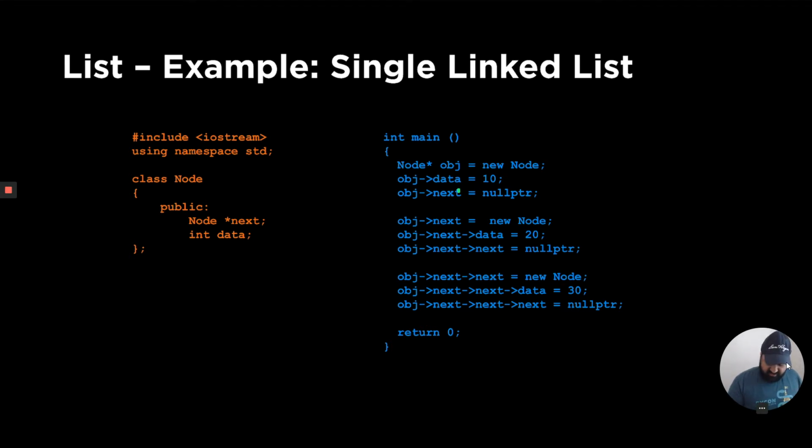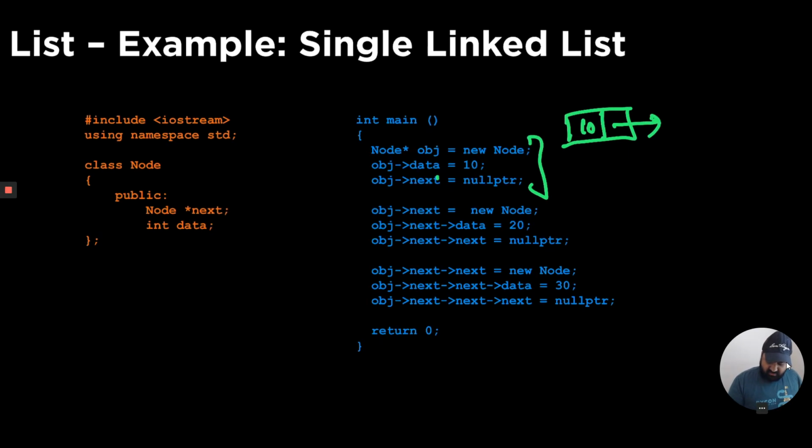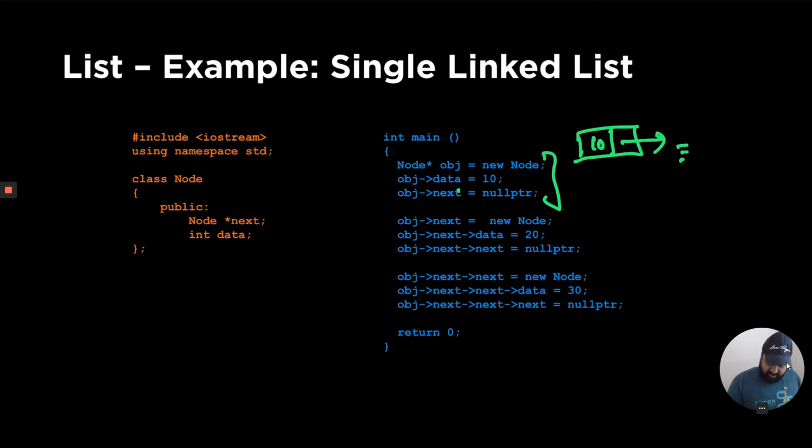So in this case, these three lines would create a new node, in the first two lines, which has 10, and the next value is null. Next, we are now going to create a new node like this. Next is now pointing to a new node, as we did in the previous example. This has the value 20.